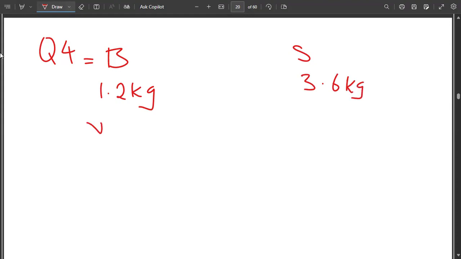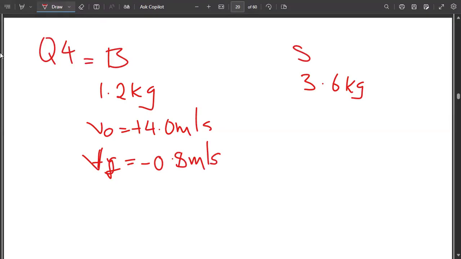The initial velocity V0 of B is positive 4.0 meters per second, and the final velocity V final of B is negative 0.8 meters per second, whilst the initial velocity V0 of S is 0 meters per second, and its final velocity we don't know.